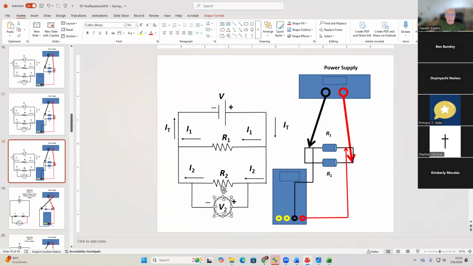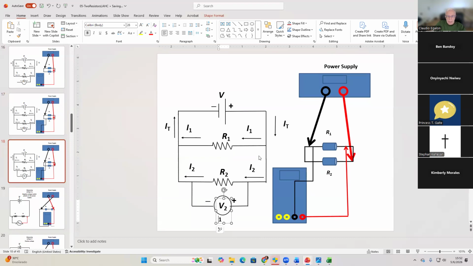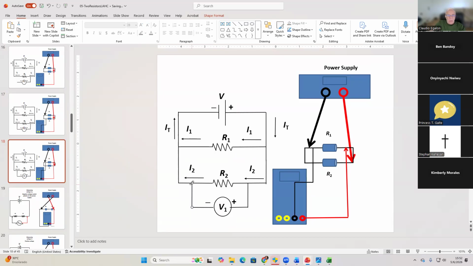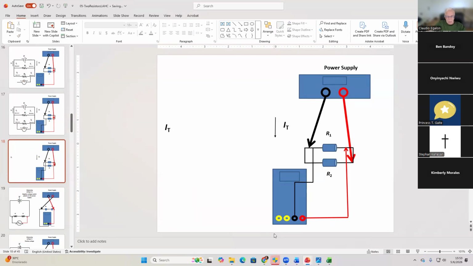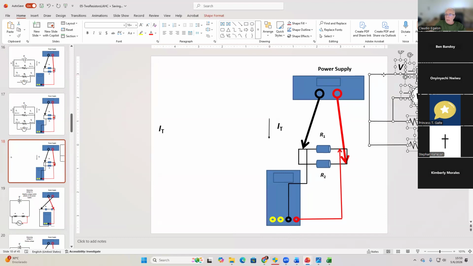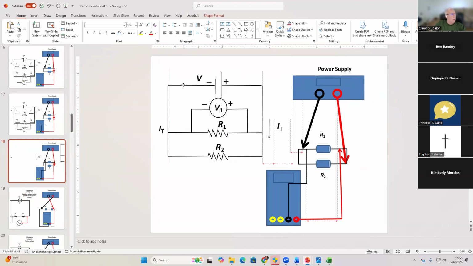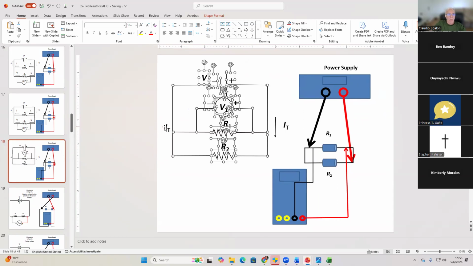This wire goes all the way up here. Even better, let me use a different circuit diagram that I have elsewhere. Right here. Better now, eh?